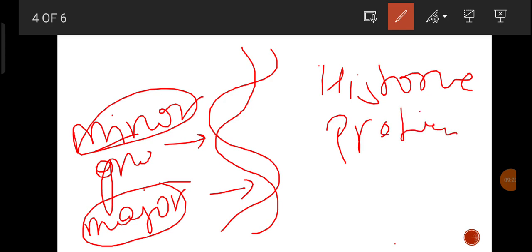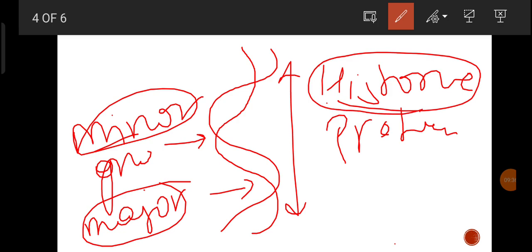As you all know, nucleic acid is acidic in nature, so it has to be neutralized by adding histone, which is basic in nature, and this histone binds to the DNA at the minor and major grooves.